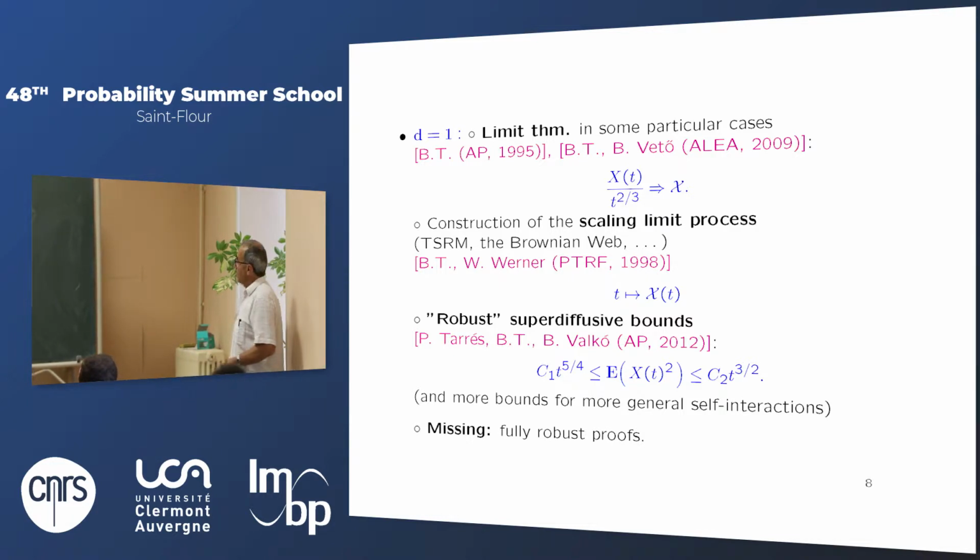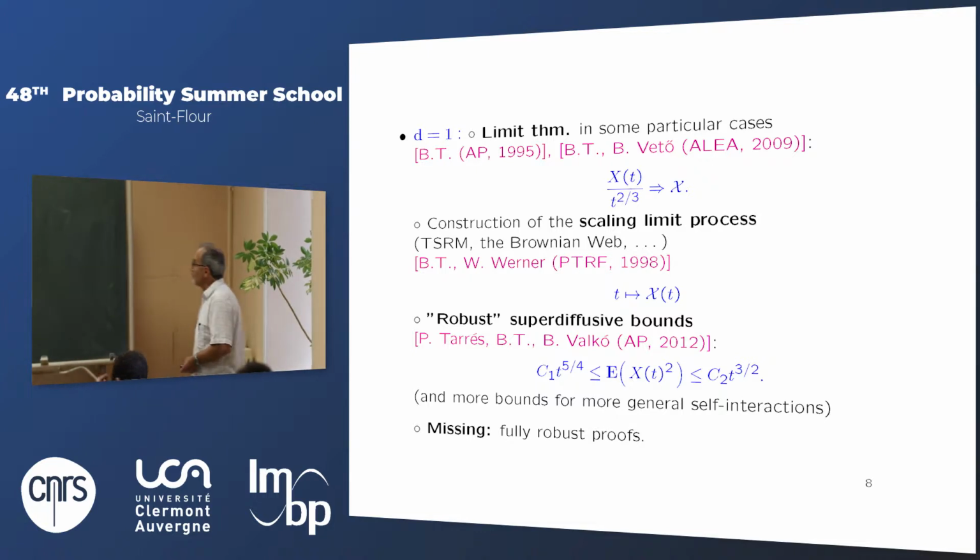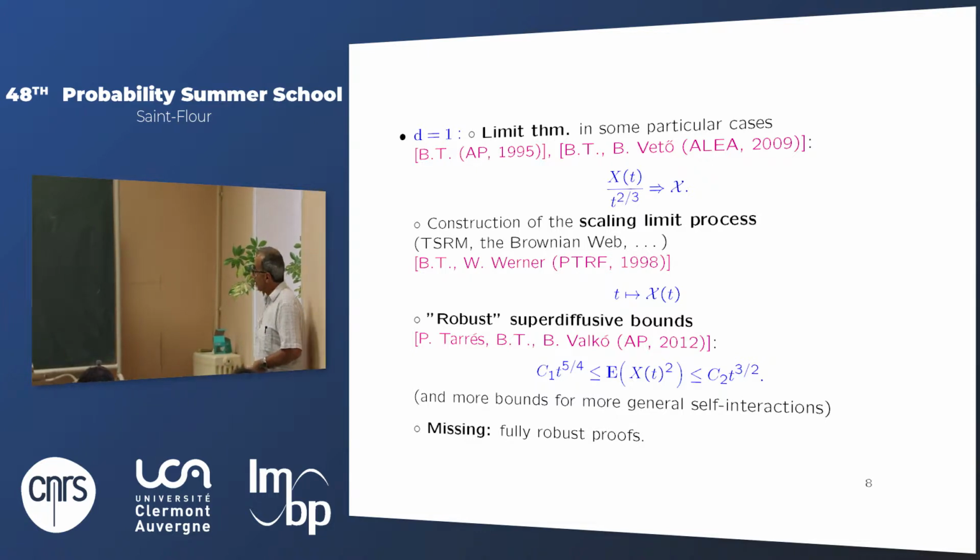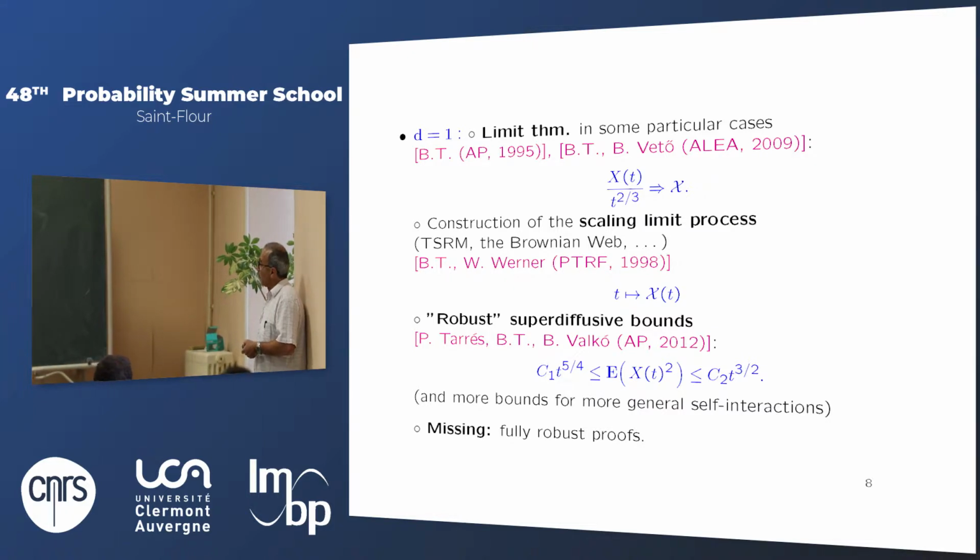But it's difficult to guess what the limiting process would be because it's not one of these usual things we learn in probability, like, I don't know, a stable or Lévy process. We constructed this object, and in that paper, just for the record, what today is called the Brownian web, and many of you have heard about it, is actually constructed.